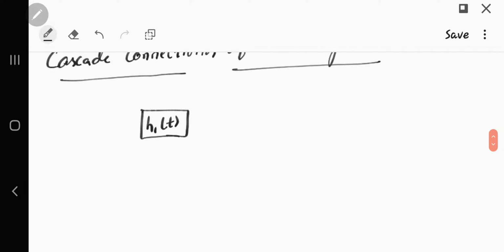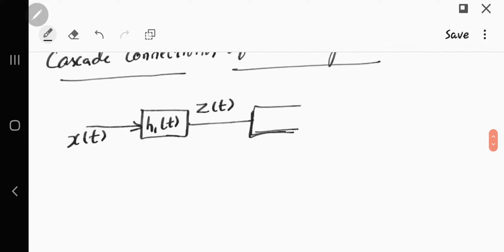So, this is the first system for which the input is x of t, and we will get an output. Let us call this z of t. Then it is connected in series with another system having impulse response h2 of t, and here I get my output of the system y of t.